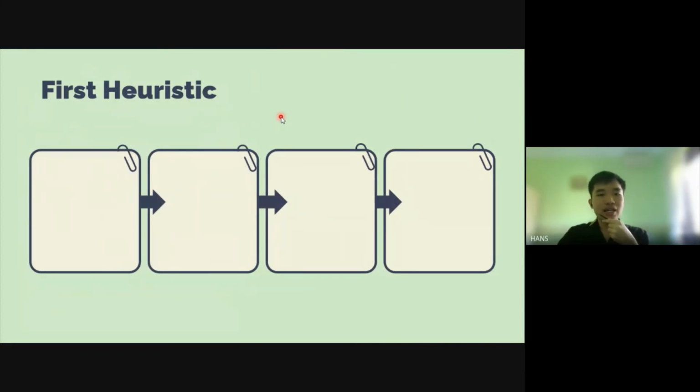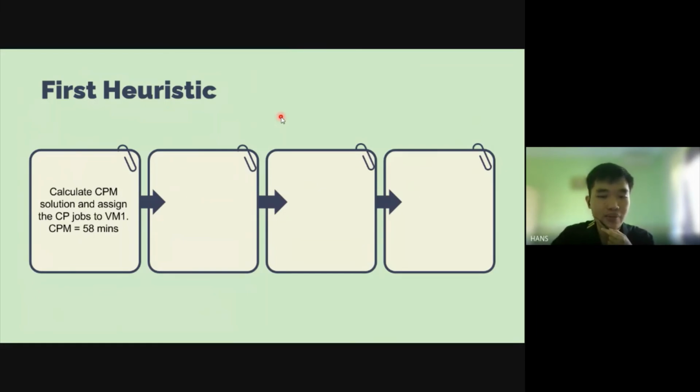And here are the several steps for the first heuristic. The first step is that we always calculate the critical path method solution. It turns out that the critical path results in 58 minutes to finish the entire jobs, and we assign the critical path method jobs into the first machine, or the VM1.